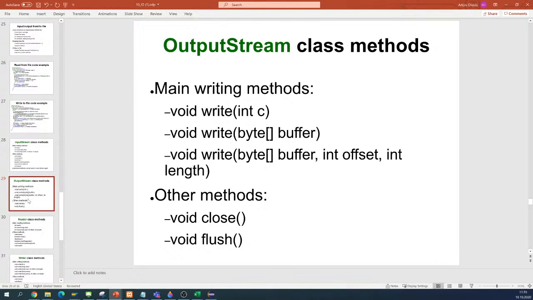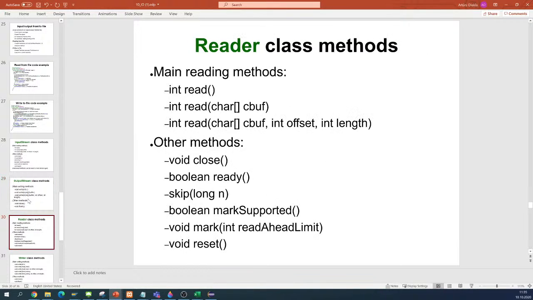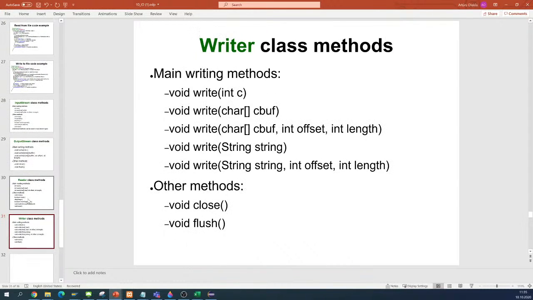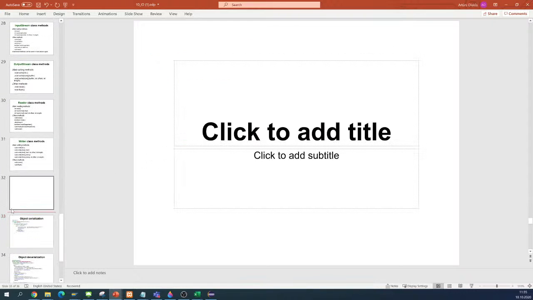Then for output stream also you can write, close and flush. Then reader, also we already covered most of the methods. For writer again, just write line by line. Nothing really special here.